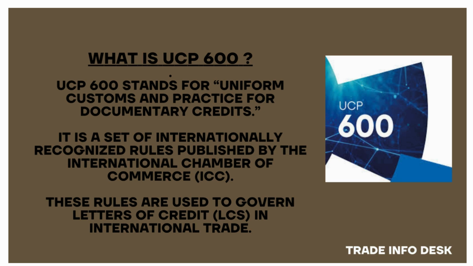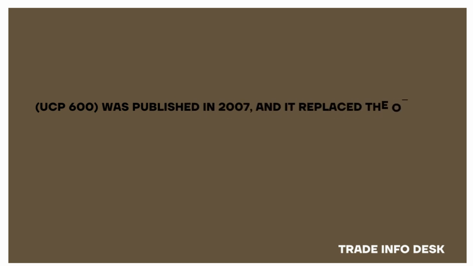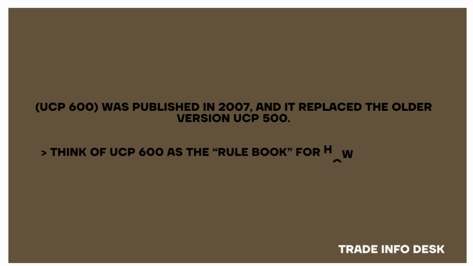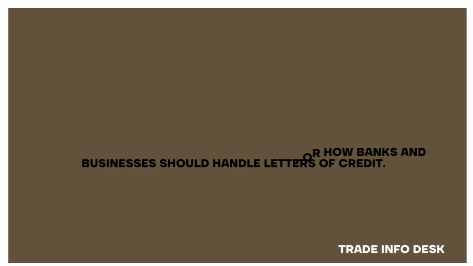These rules are used to govern letters of credit in international trade. The current version, UCP 600, was published in 2007, and it replaced the older version, UCP 500. Think of UCP 600 as the rule book for how banks and businesses should handle letters of credit.